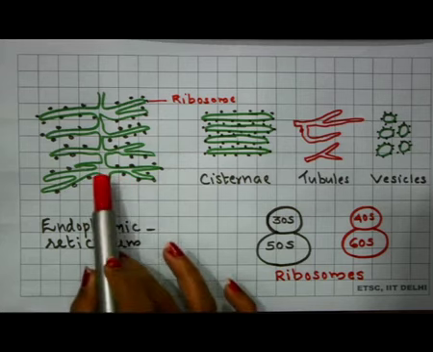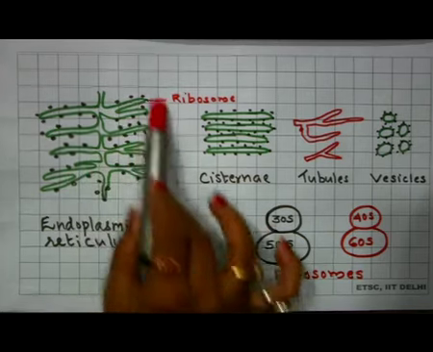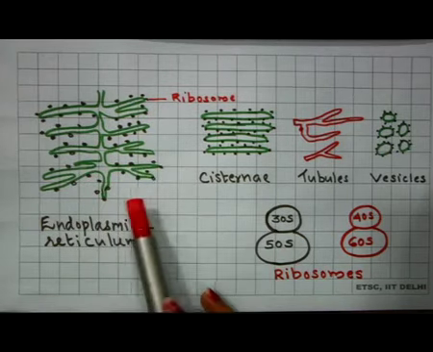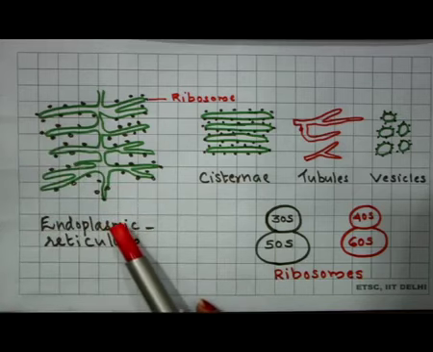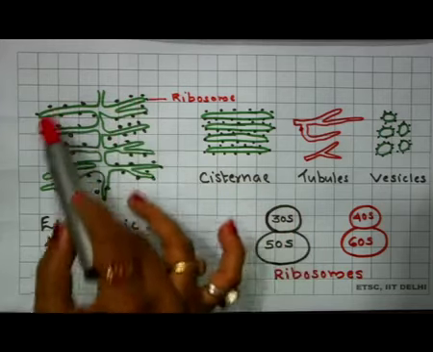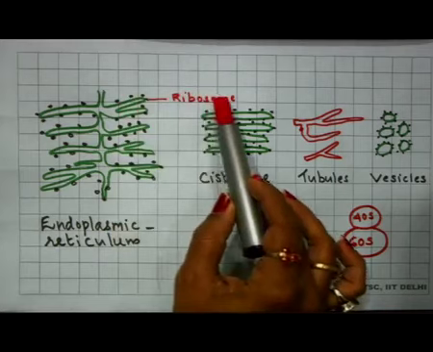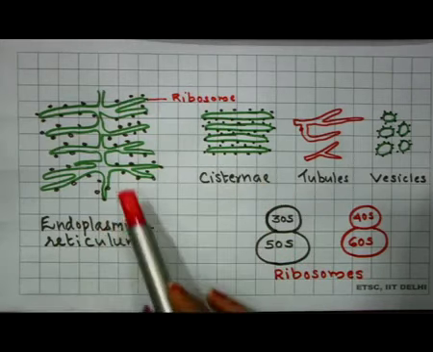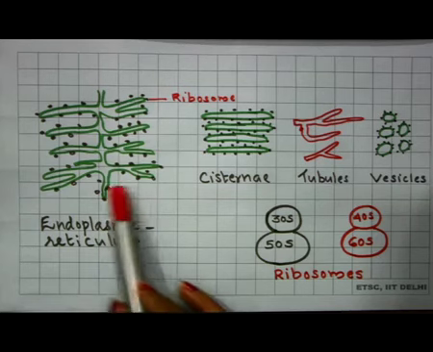See this structure, it is a network of tubular structures and it is a highly branched one. Here you can see some of these spherical particles, we can call them ribosomes. This network-like structure is made up of different components.